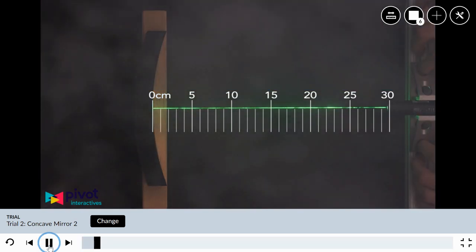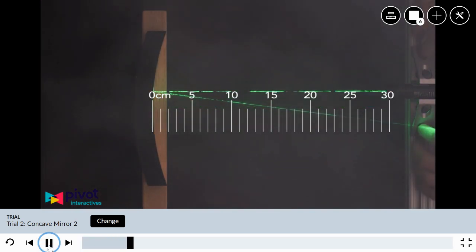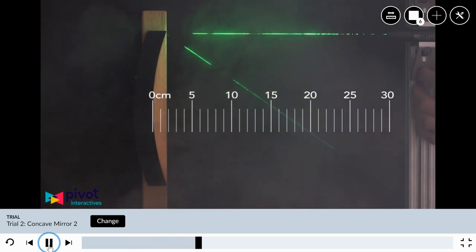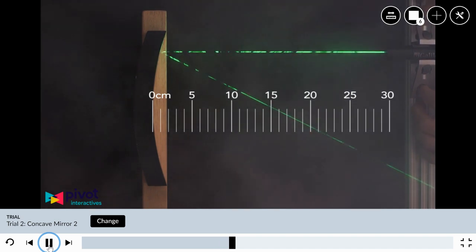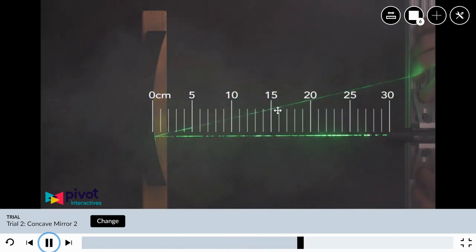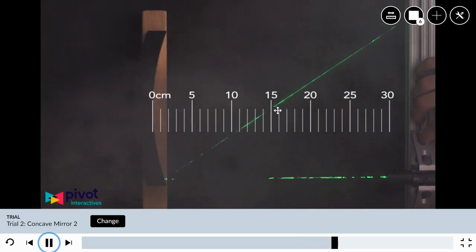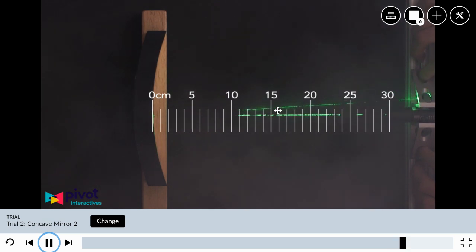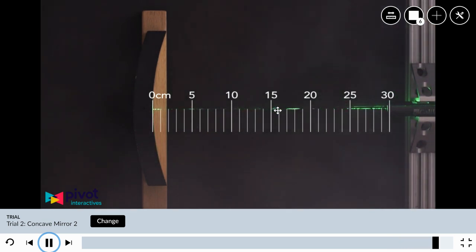And so you can get a rough idea of where that spot might be, somewhere around here, yeah? So that's the focal point of the curved mirror.